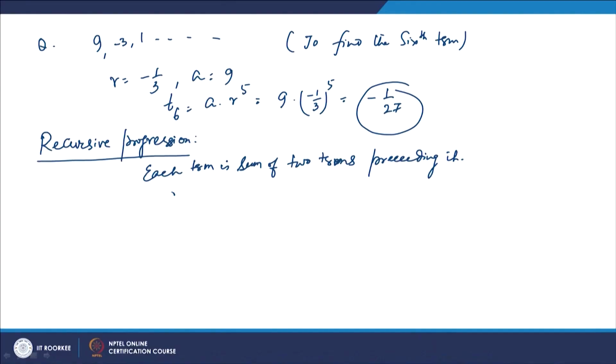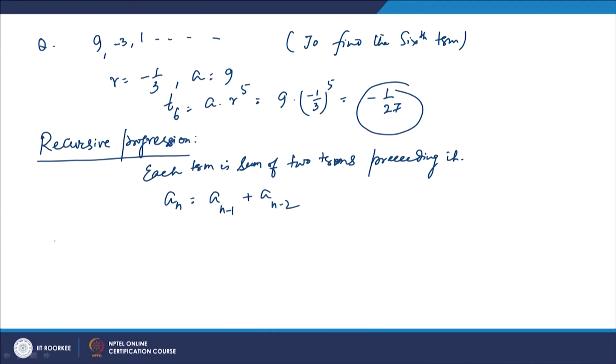So the standard formula will be a n equals a n minus 1 plus a n minus 2. You have to know the n minus 1th term and the n minus 2th term, then you can add them and get the nth term. This way you can predict any term. That type of progression is known as the recursive progression.